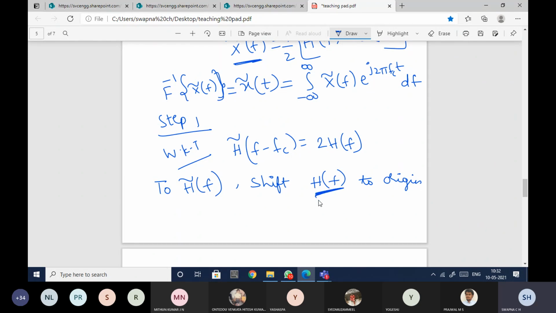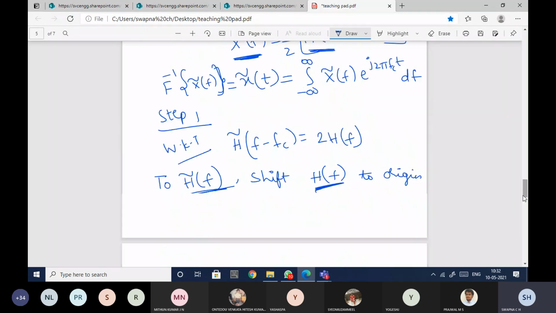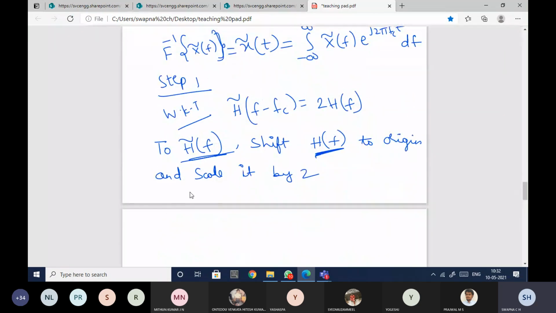Once h of f is known, you need to shift that to the origin and scale it by 2, so that you'll get h tilde of f. Why do I need h tilde of f? Because if I want to find x tilde of f, I need to know h tilde of f. This is the first step. Any doubts in the first step?